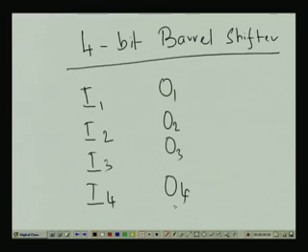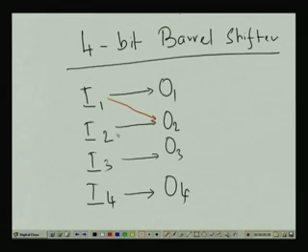The first type of shift is as it is: I1 goes to O1, I2 to O2, I3 to O3, I4 to O4. The second type of shift is a one shift.